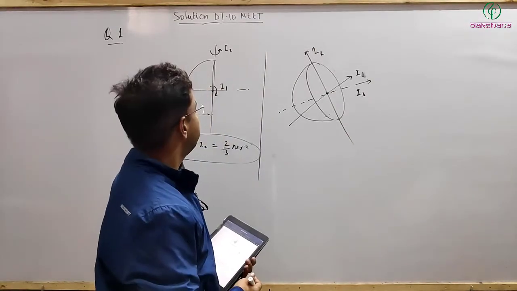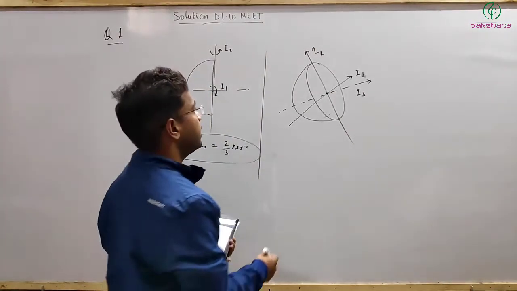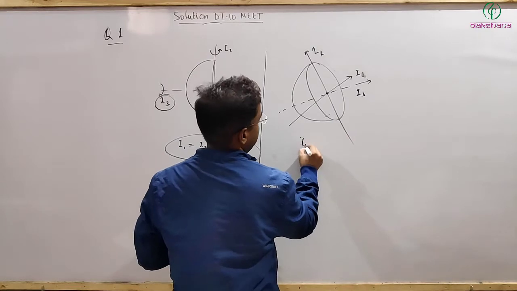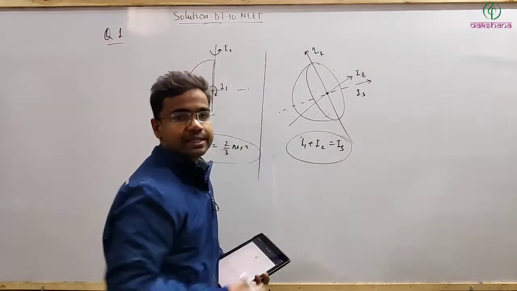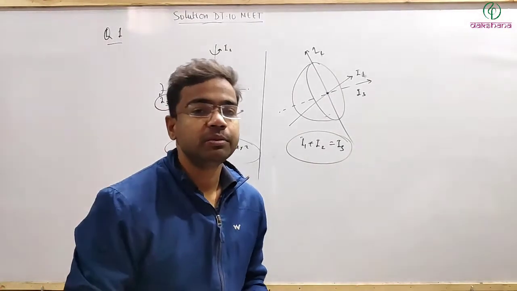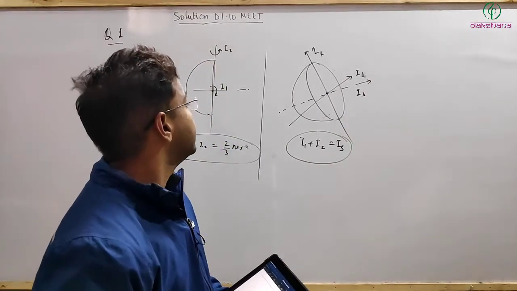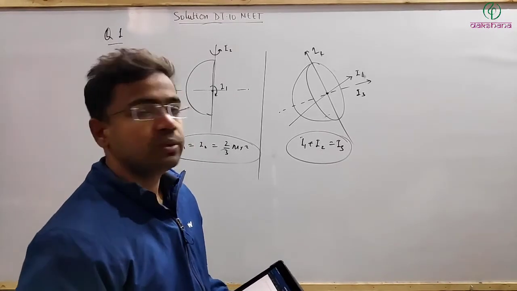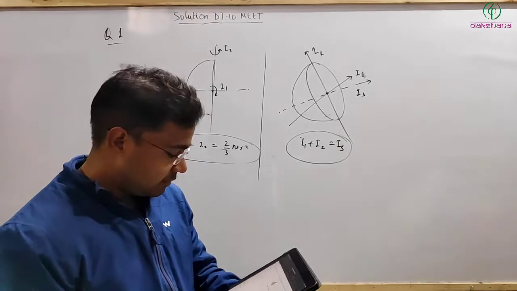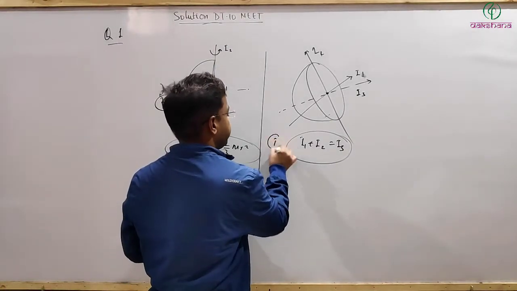So by perpendicular axis theorem I can write basically here I1 plus I2 will be equal to I3, or this is what exactly it is asking. It is asking the relation between the moment of inertia of this body or hollow hemisphere about different axes I1, I2 and I3. So the correct answer here will be matching with option 1.